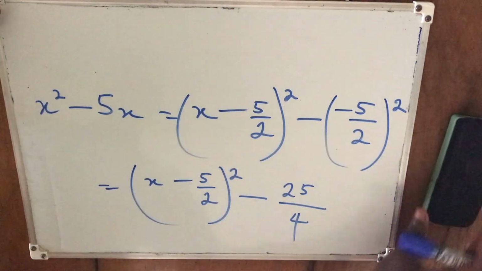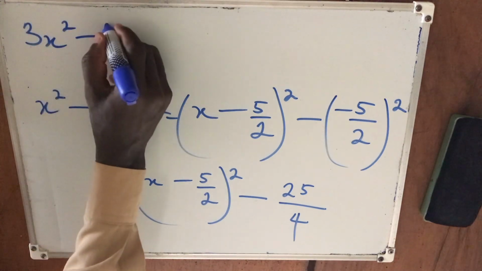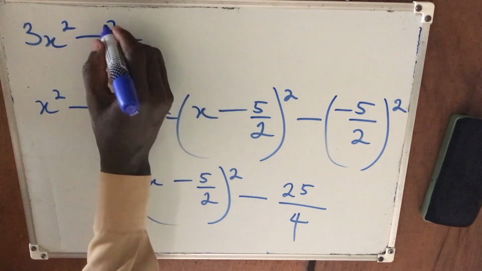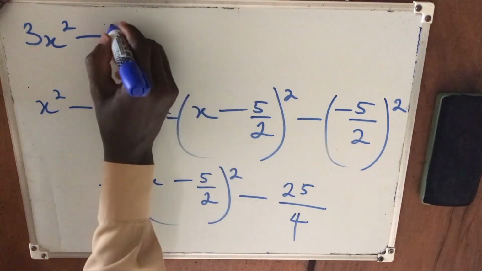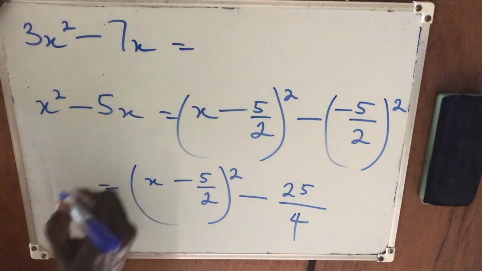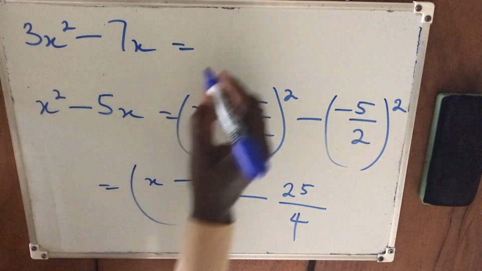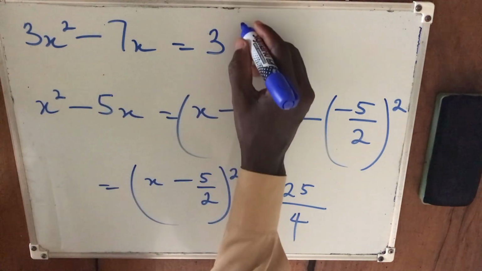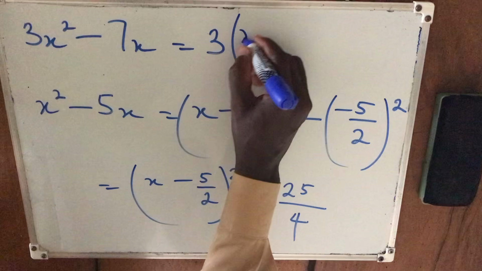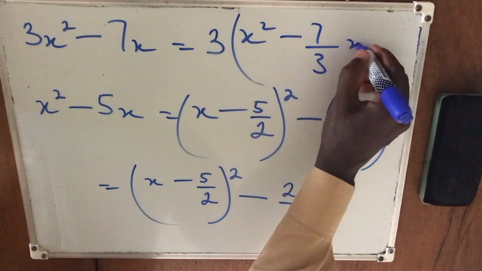Write 3x squared minus 7x in complete form. First of all, we can see that the coefficient of x squared here is not 1. So we can factor 3 out of the two terms, which will now mean 3 into brackets x squared minus 7 over 3x.